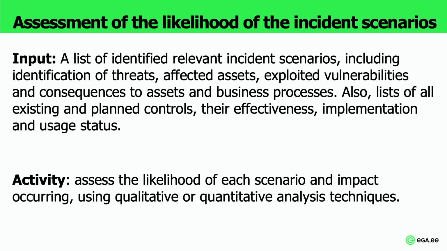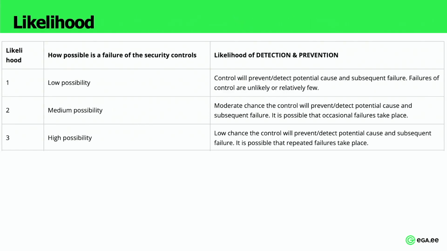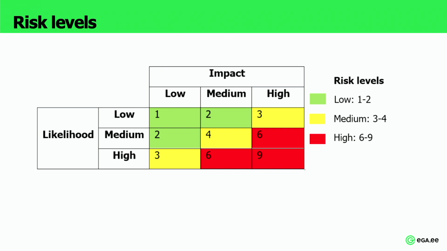I will not go into the detail, but the likelihood can also be assessed on a 3-level scale: low possibility, medium possibility, or high possibility. After you have assessed likelihood and impact, you get the risk level for every risk scenario.